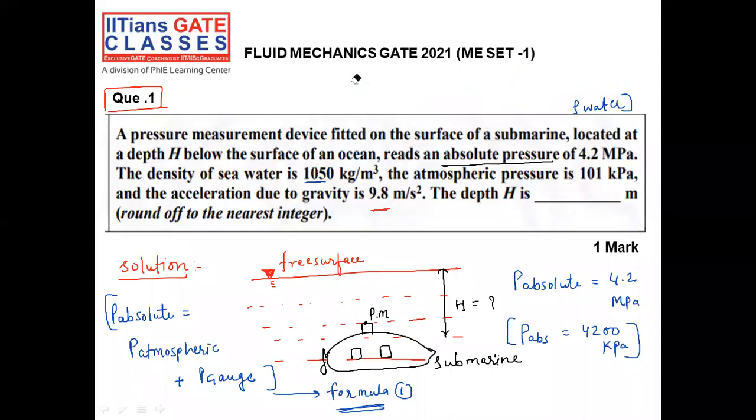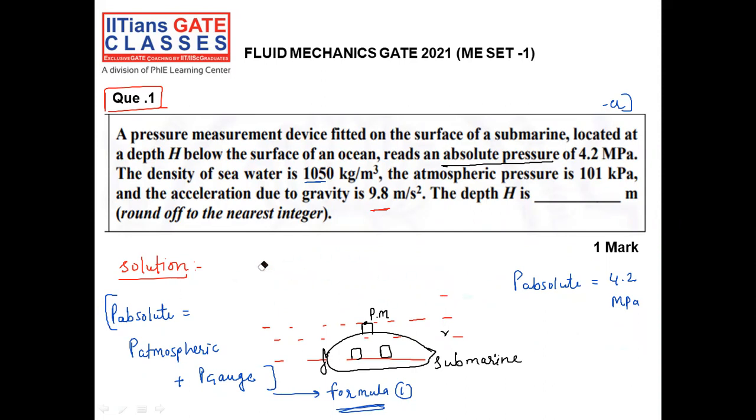Coming to the calculation part, let me remove the figure so that we can do the calculation. P absolute is given as 4200. It is mentioned directly as absolute pressure. They have not given any gauge pressure, but atmospheric pressure is given, that is, P atmospheric is 101 kilopascal.